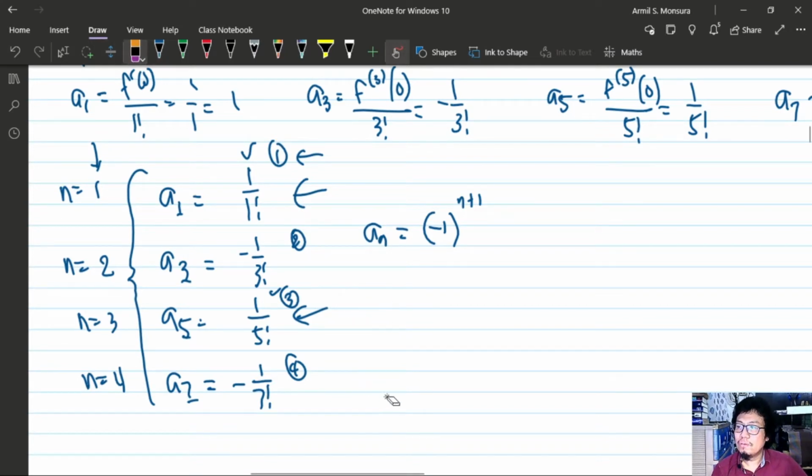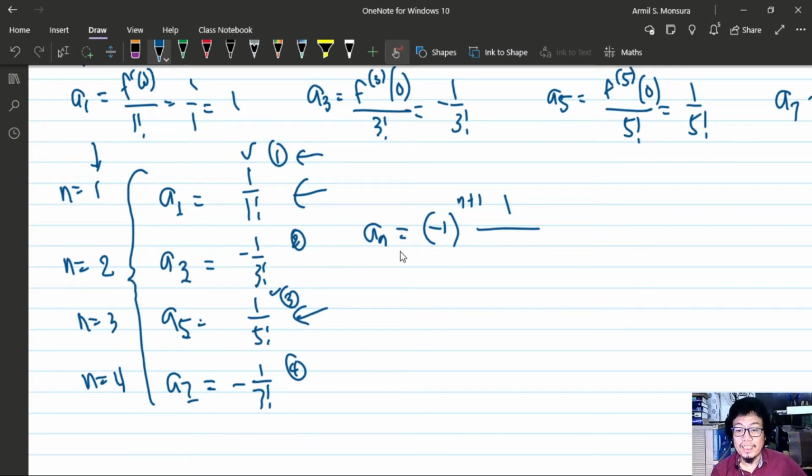Now, let's look at the numerator. The numerator is all 1, so the numerator is 1. And the denominator is 1, 3, 5, 7 factorial.